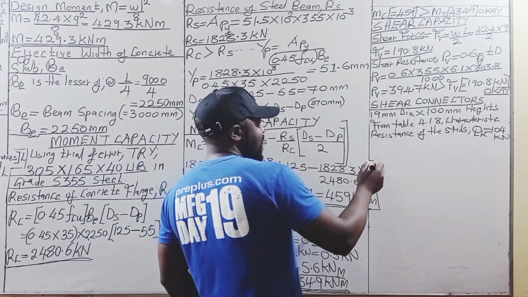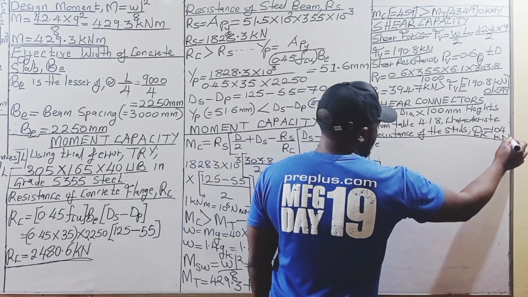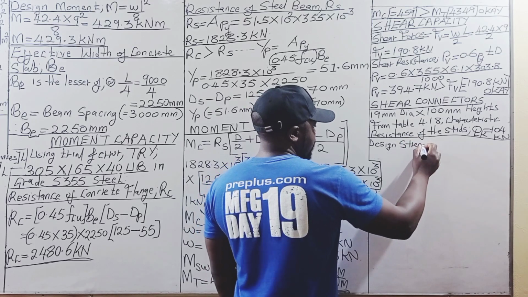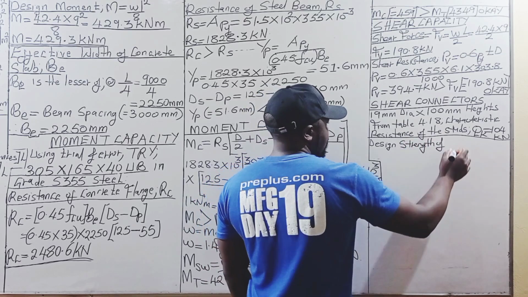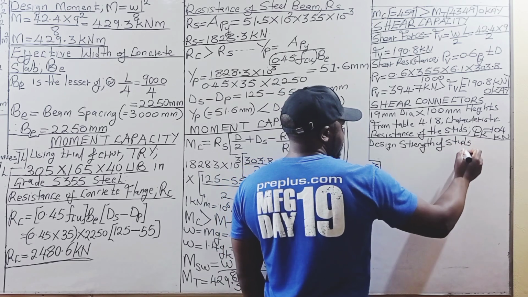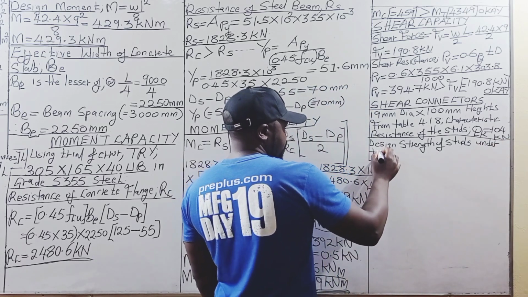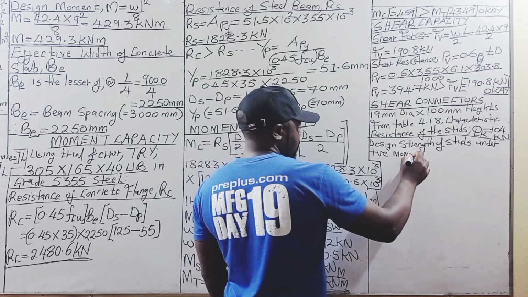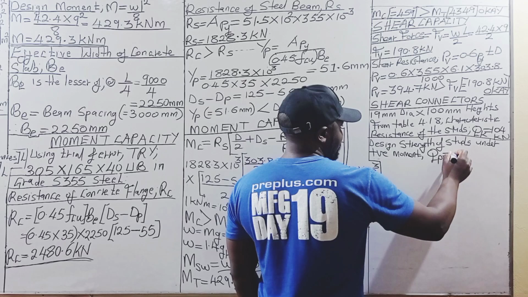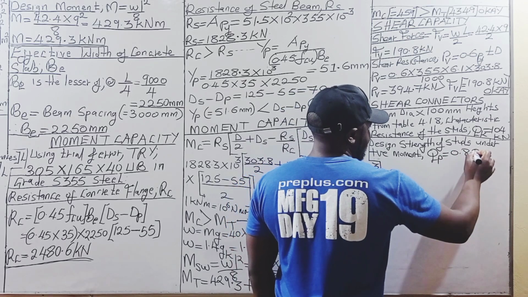Therefore, the design strength of the studs in a positive moment, that is QP, will be given by 0.8 QK.